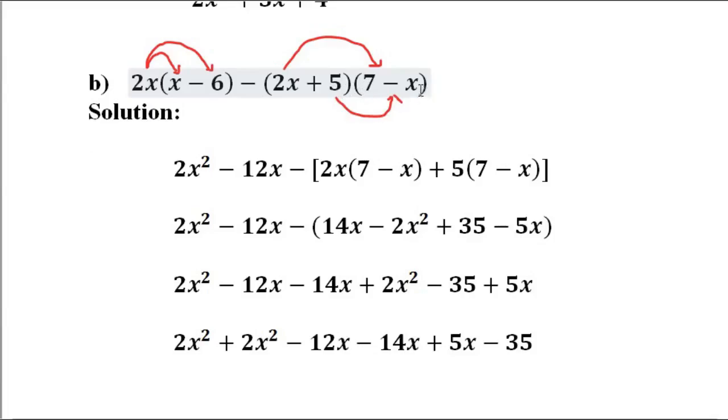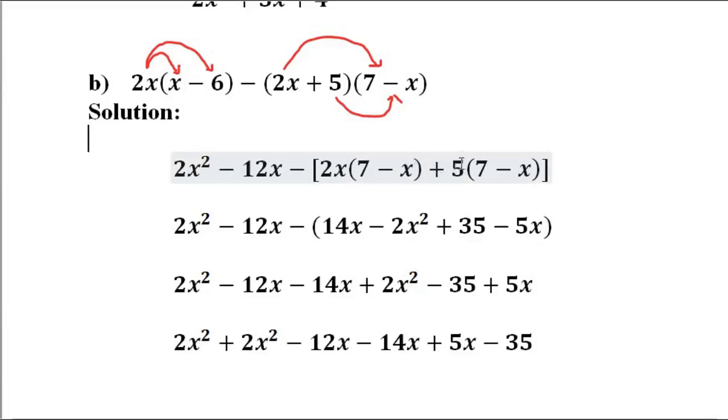We have positive 2x times x, positive 2x squared, positive 2x times negative 6, negative 12x, positive 2x times 7 negative x, and positive 5 times 7 negative x. For further simplification, I'm going to distribute the positive 2x to the positive 7 and to the negative x.